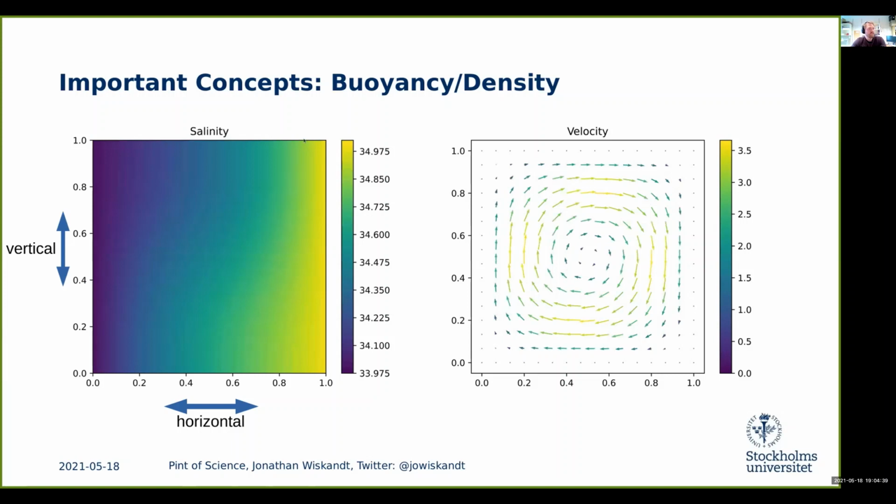Now I have very saline water on the right-hand side and fresher water on the left-hand side. As you see now, the very salty water will sink down and the fresher water will go up. And then you have a circulation. This is called the buoyancy-driven circulation, basically.